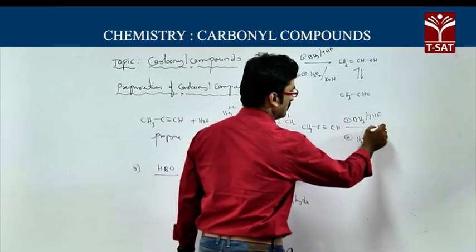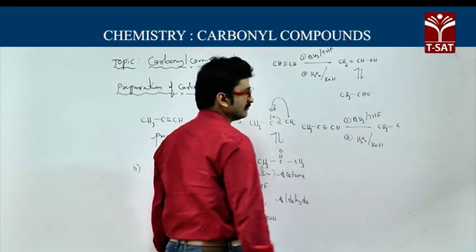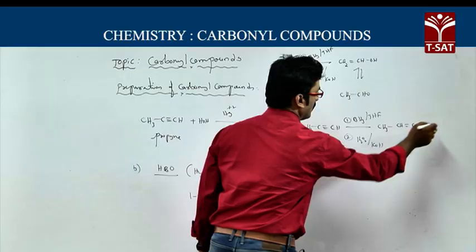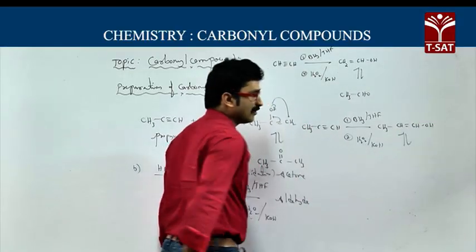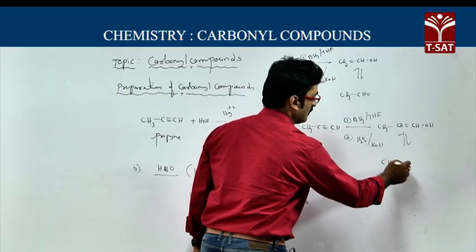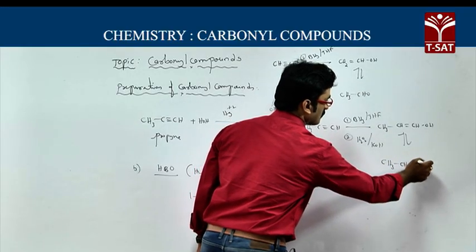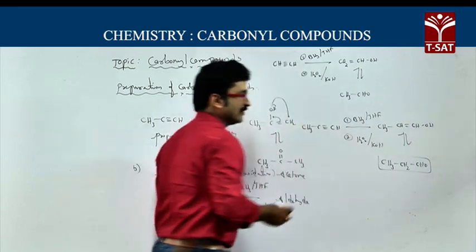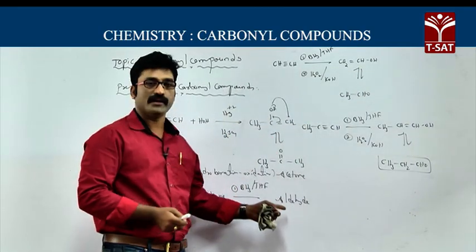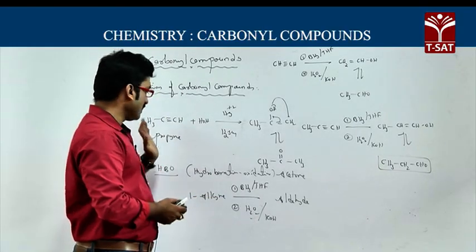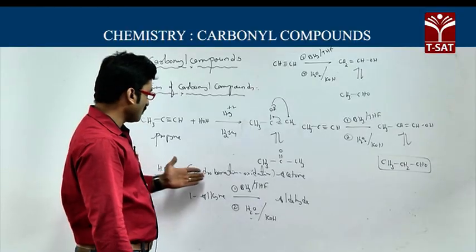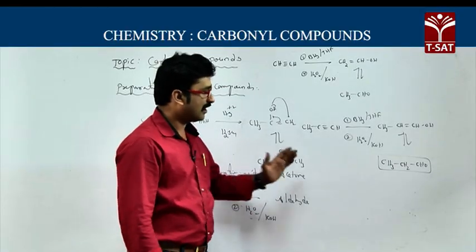Then here you will get CH3 CH double bond CHOH, and it undergoes keto-enol tautomerism, and you will get finally CH3CH2CHO, propanaldehyde. Therefore, if you want to prepare aldehydes from alkynes, you are supposed to take 1-alkynes, and with hydroboration oxidation, you will get aldehydes.